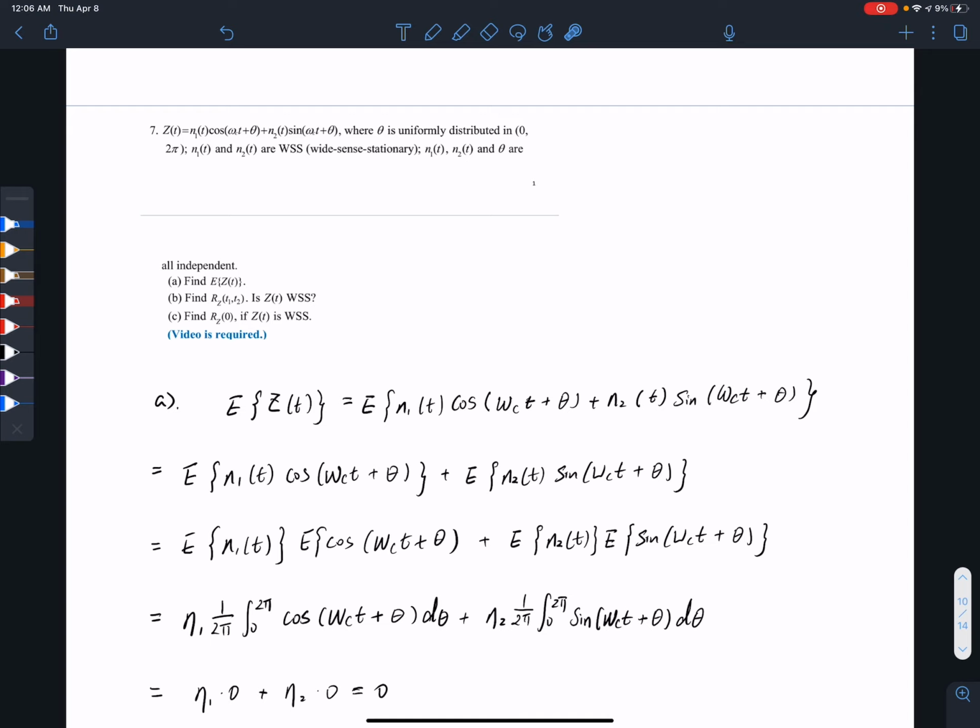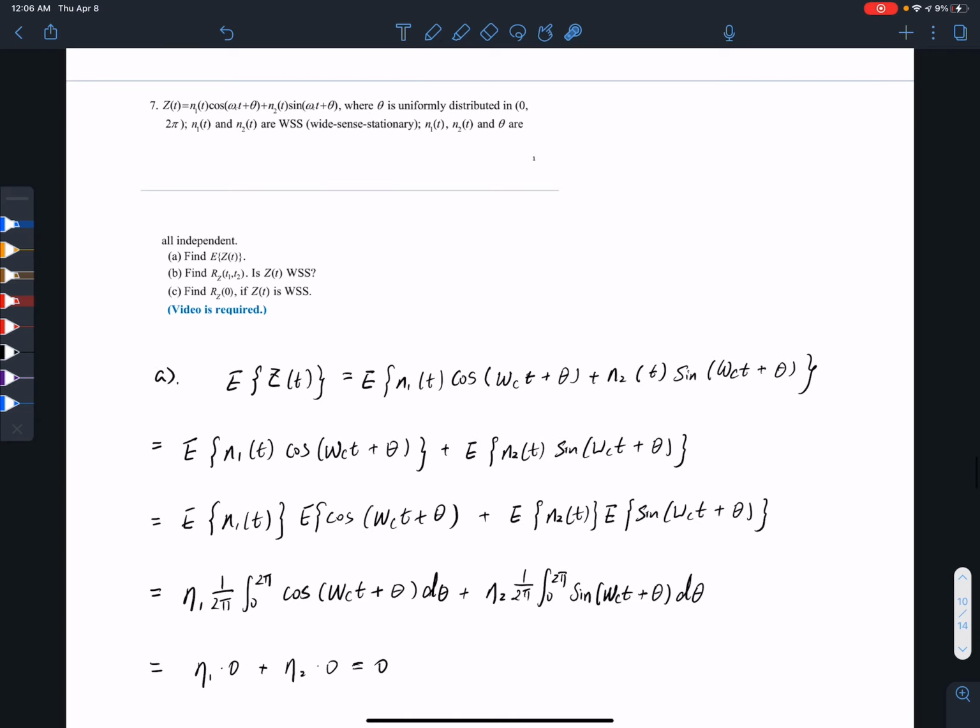So we're trying to find the expected value of Z(t). For question A, the expected value of Z(t) is equal to, we can see the Z(t) function here and we just plug in.